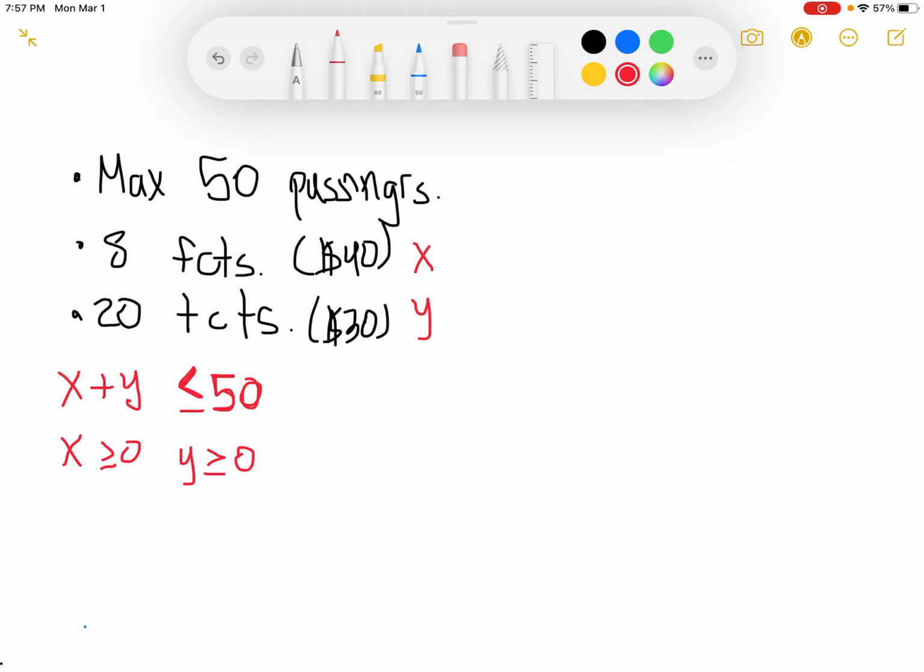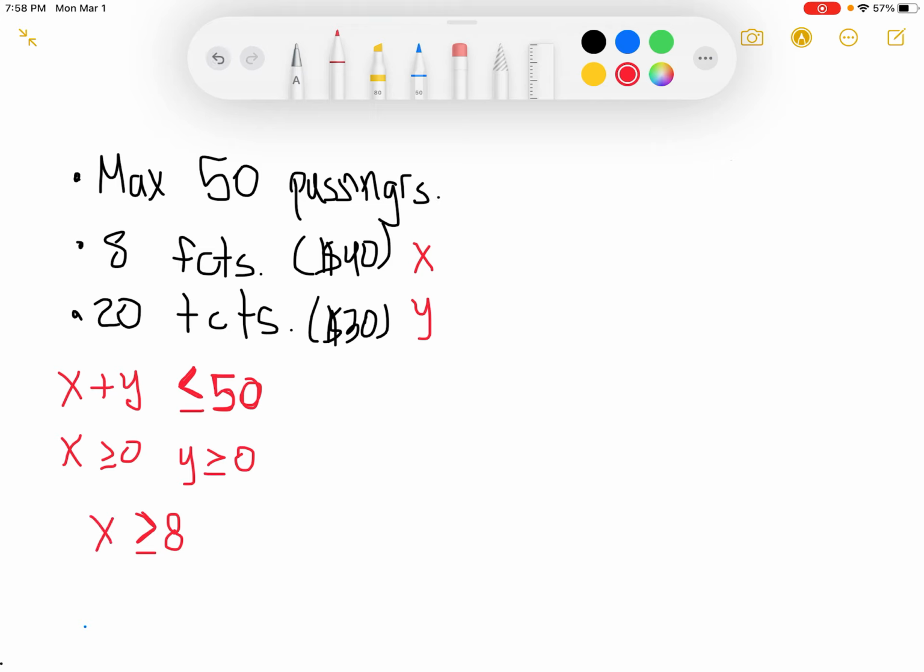But we will have a line under it. So it has to be at least 8 tickets. So that means it has to be greater than or equal to 8. But it could be 8 if they wanted to be all lazy and just say, 8. Fine. But we know that that's X, so we're just going to say X. So there we go. That's what we have.